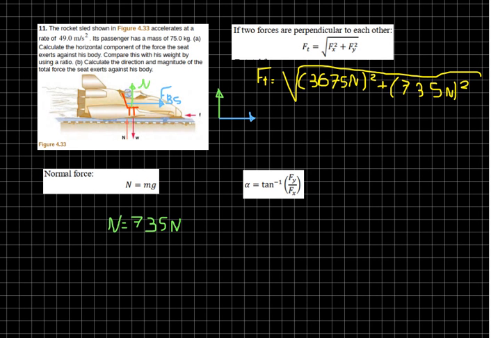Once we raise to the square and add up, we will have the square root of 14,045,850 squared newtons.